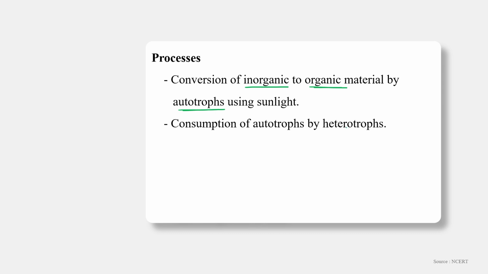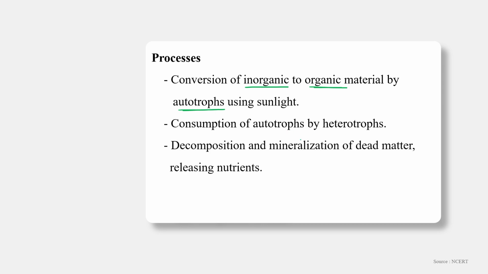Plants mainly produce food, and then that plant is consumed by other heterotrophs. So consumption of autotrophs, meaning plants, by heterotrophs. Clear? And then decomposition is the next step.